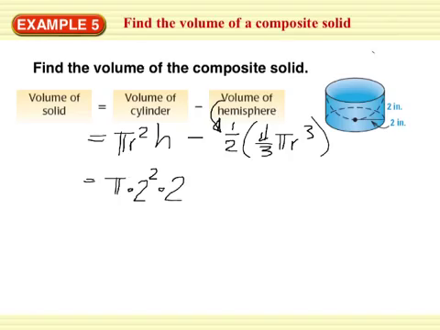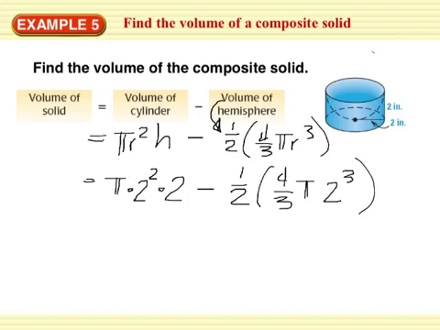The height is 2. The radius on this part is still 2. Okay, let's crunch some numbers. Pi times 2 squared times 2. Hold on. I got 25.1 there.